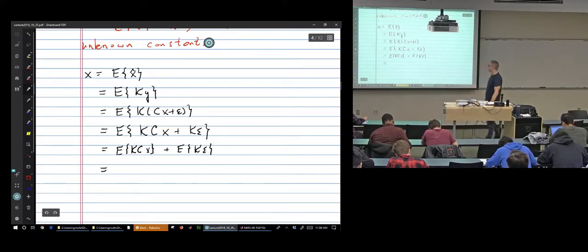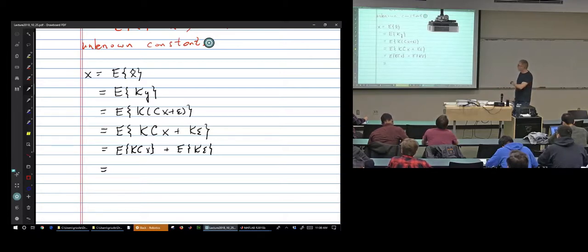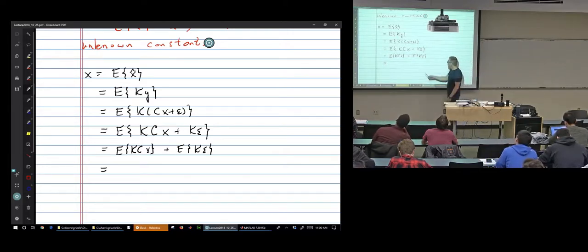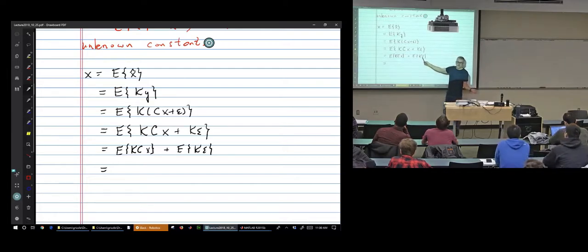This next part is either obvious to you or it's not. It depends on your familiarity with playing with random variables and stuff. So this is just a constant matrix. So we can take the constant outside of an integral. And the expected value of epsilon is 0. So this is 0. We're good with that.